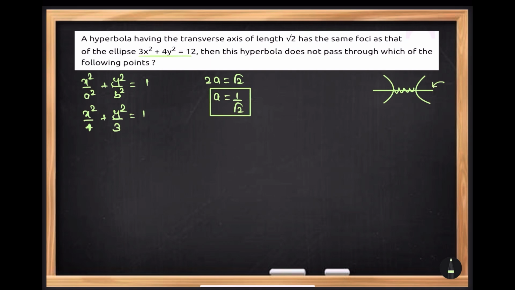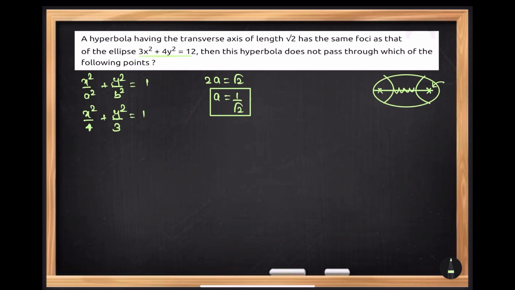Now we have to find out b of the hyperbola, correct? They are saying that they are sharing the same foci, right? So hopefully our ellipse will look like this, and here we will have foci which will be shared by both the curves, correct?